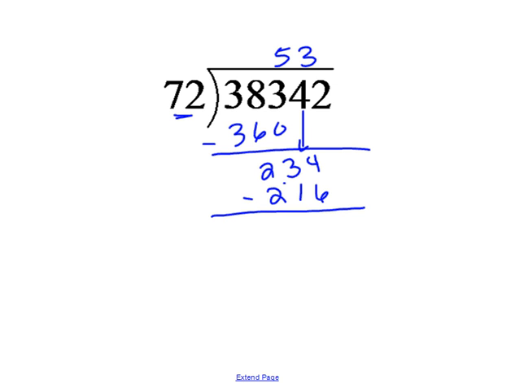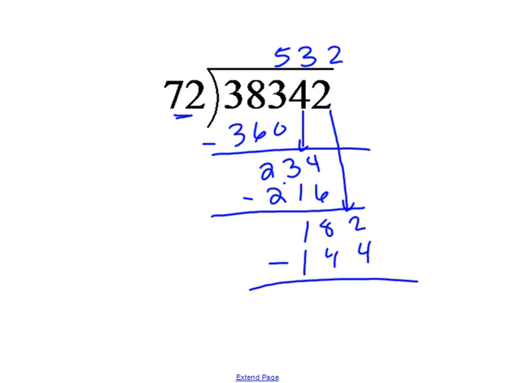Subtract. Bring down the 2. 72 times 2 will give me 144. Subtract, and we get 38. 72 doesn't go into 38, so we write 38 over 72 as our remainder.